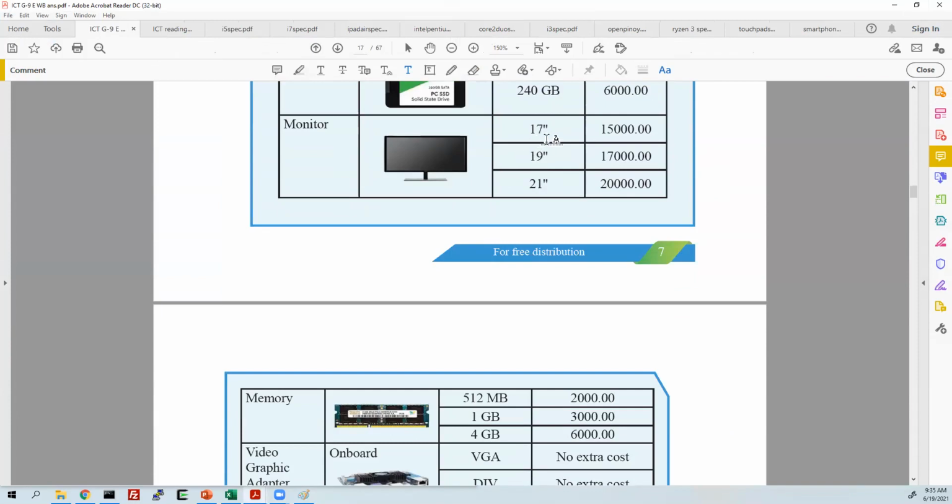So if it is a 17 inch, it's 15,000, 19 inch, it's 17,000, 21 inch, 20,000. Select the size and select the price. You can take down. Send me the answer in the chat first once you make the selection. What is the size that you have selected and what is the price of the monitor?